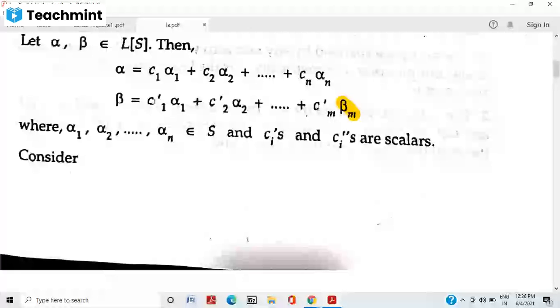Which one do you have to change? Only the scalars. That means we take different scalars C1 dash, C2 dash, etc., Cn dash, Cn dash alpha n. Next we have to add these two vectors. Then we can find the scalar multiplication C alpha also. First we will add it.